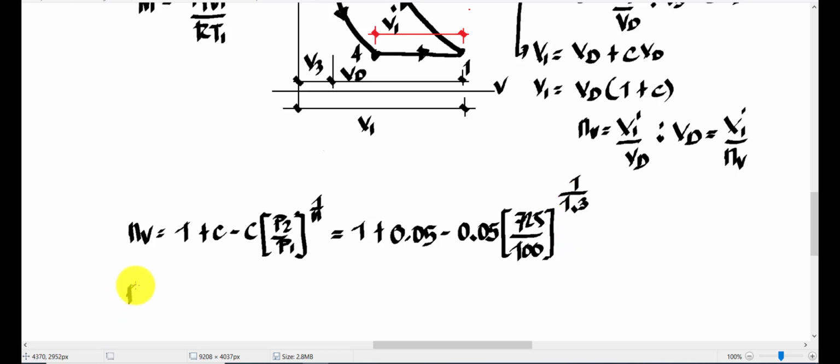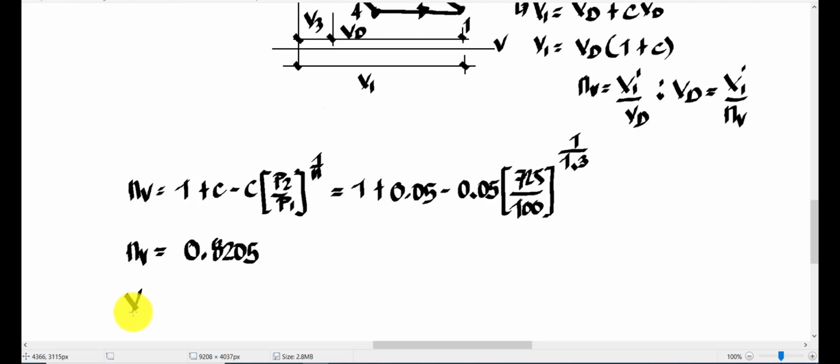So we have now the value of your volumetric efficiency, which is equal to 0.8205. So since now we have the volumetric efficiency, we can solve now the value of your VD.